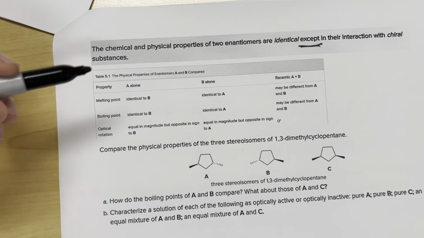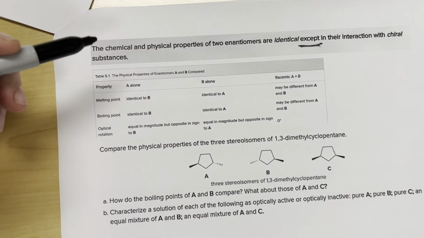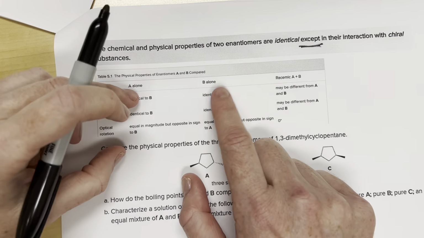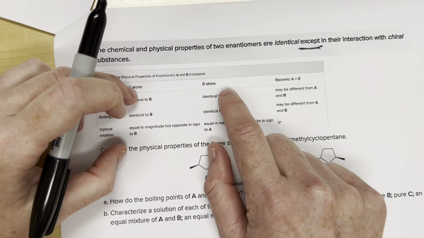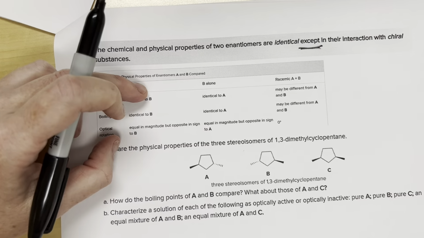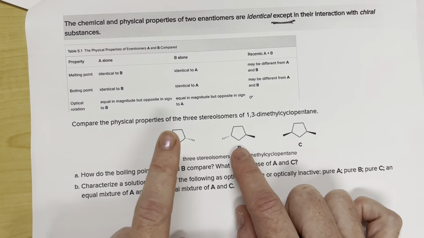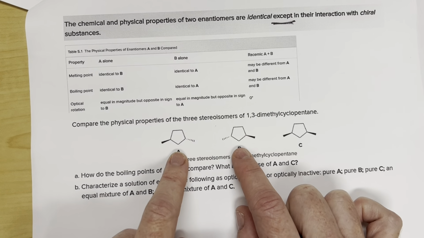So for example, if you have something that's just chiral, just one compound, and then you have the other compound, like let's say you have one R and one S over here, their melting points are actually going to be completely identical. Okay, so any two enantiomers. So like let's look at A and B. These two boiling points would be completely identical.